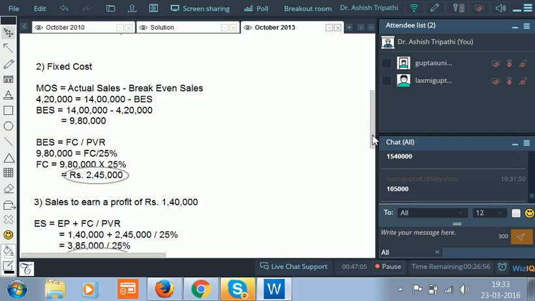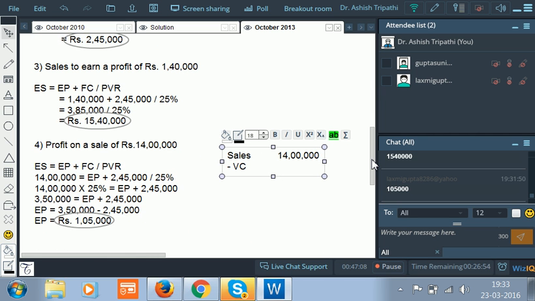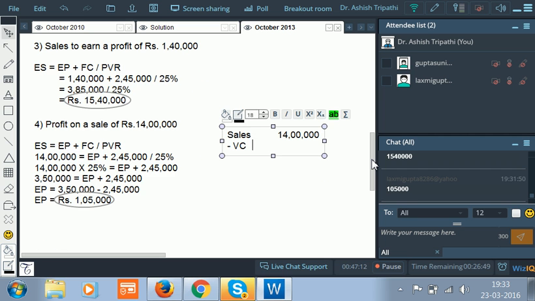If PV ratio is 25%, that means variable cost will be 75%. So let us write here variable cost is 75% of sales. So 14 lakhs into 75% will give you 10,50,000.